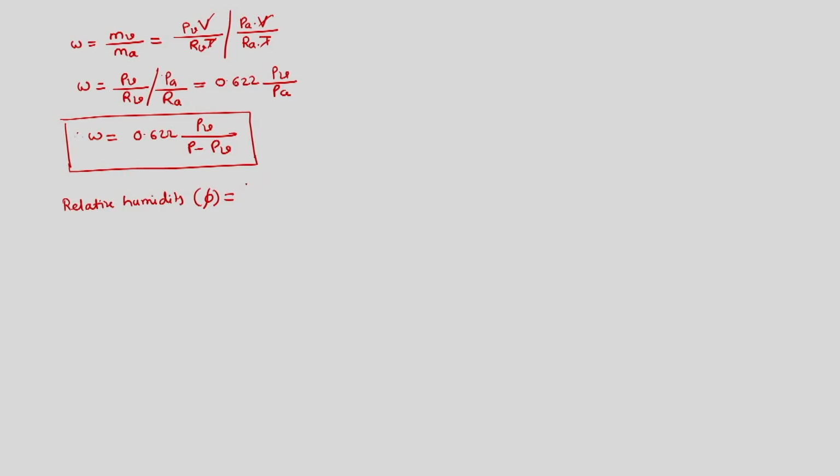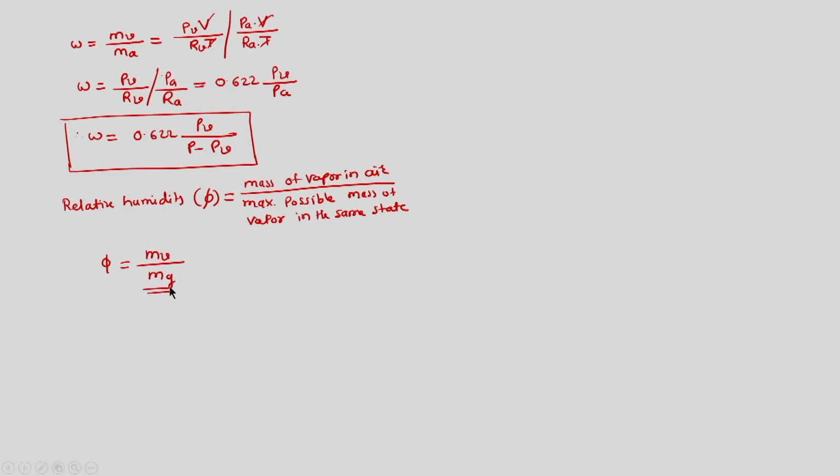It is the ratio of the mass of water vapor in the air divided by the maximum possible mass of vapor in the same state. So phi is equal to mv upon mg, which is the saturation mass.